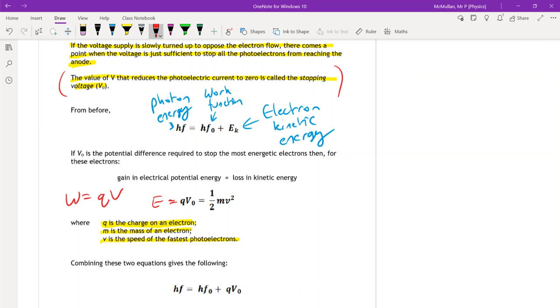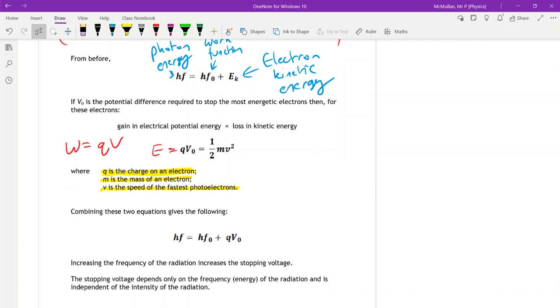The minimum energy required to keep them there is W equals QV naught, which is equal to a half mv squared. If they're leaving the plate with velocity, the energy needed to stop them must be equal to at least their kinetic energy. Do we follow that a bit?